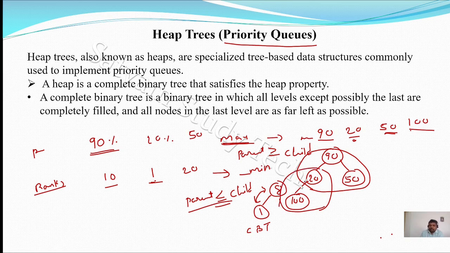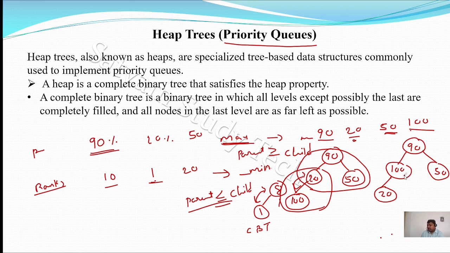Now in this case you can swap the values here. So 90 and here 50. Swap the values here, it is 100, right? And also here it is 20. It also does not satisfy the max-heap property, right?